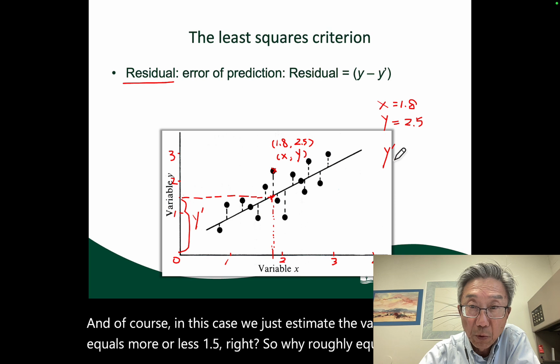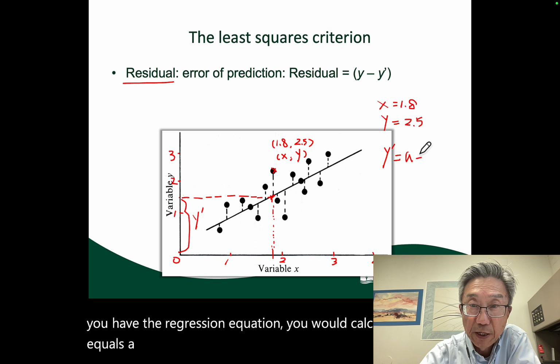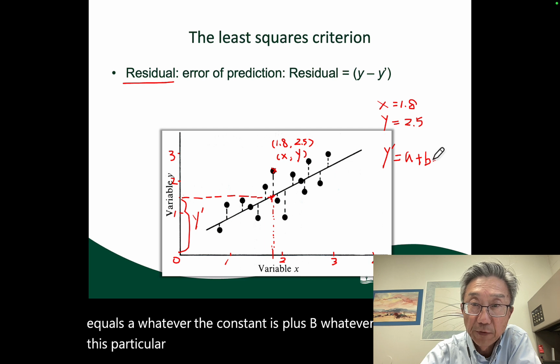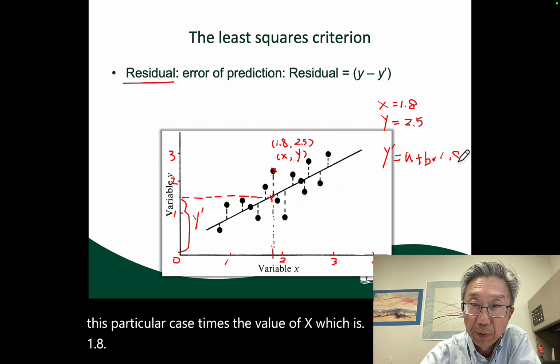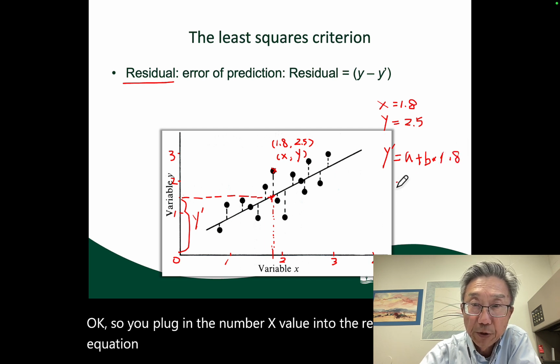But if you have the regression equation, you would calculate y prime equals a, whatever the constant is, plus b, whatever the slope is in this particular case, times the value of x, which is 1.8. Okay, so you plug the x value into the regression equation, and you do the calculation, and y prime, it turns out, is 1.5.